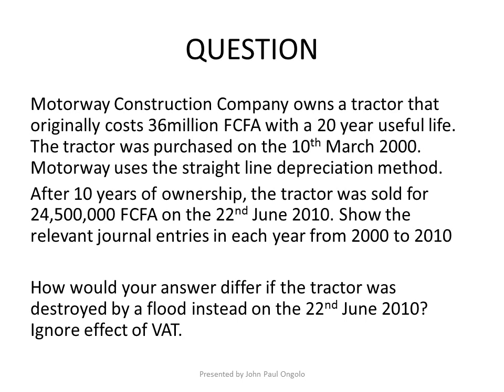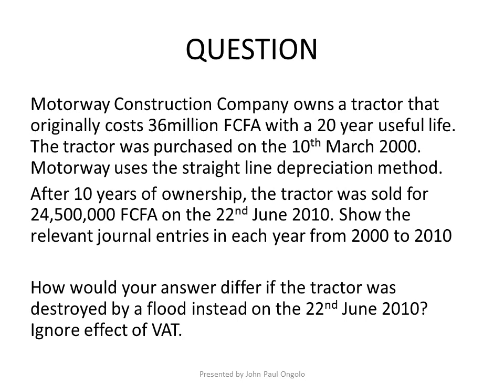Motorway Construction Company owns a tractor that originally cost 36 million francs CFA with a 20-year useful life. The tractor was purchased on the 10th of March 2000, and Motorway uses a straight line depreciation method.